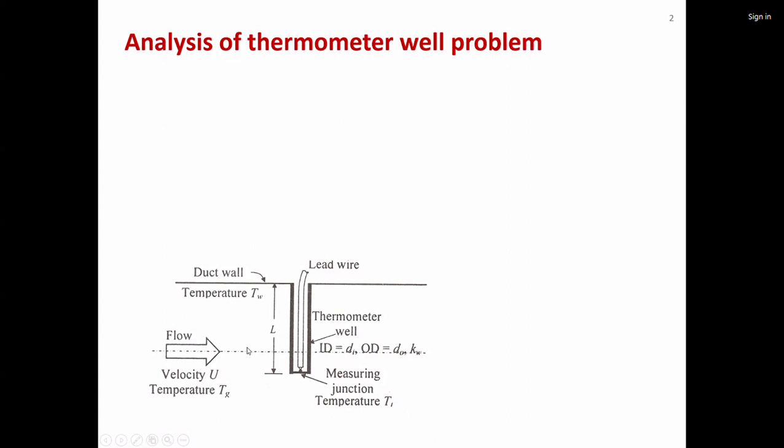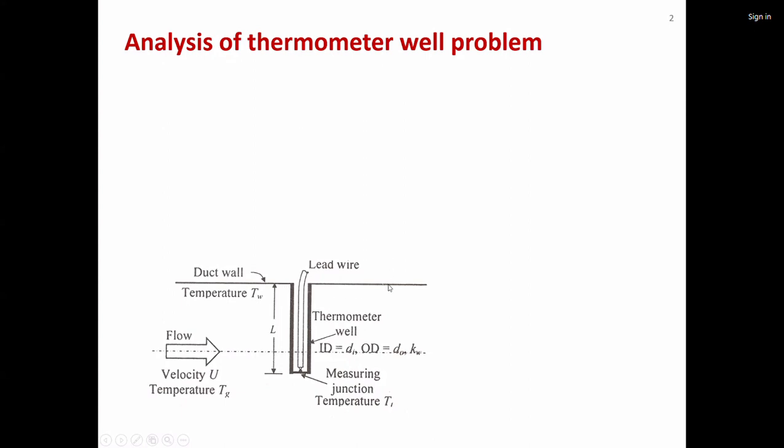You want to measure the temperature of the fluid, TF, but you don't want to create a hole and directly expose the thermocouple to the process fluid, because maybe the process fluid is corrosive. So instead of measuring the temperature of the fluid, you want to measure the temperature of the surface.